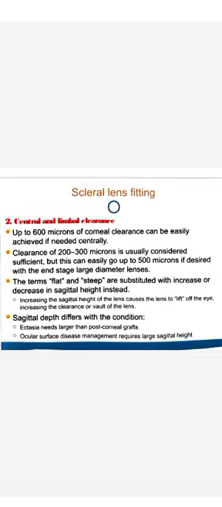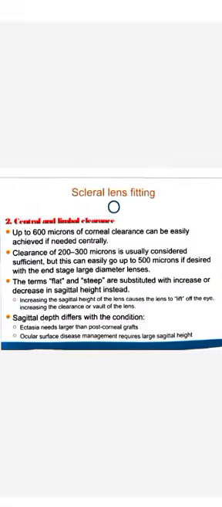Next one is central and limbal clearance. Up to 600 microns of corneal clearance can be easily achieved centrally if needed. Clearance of 200 to 300 microns is usually considered sufficient, but you can go up to 500 microns if desired with end stage, large diameter lenses.